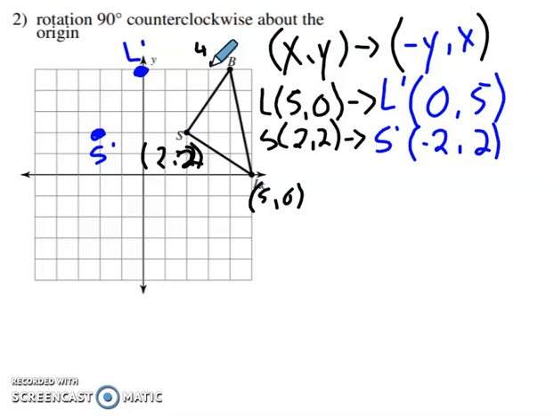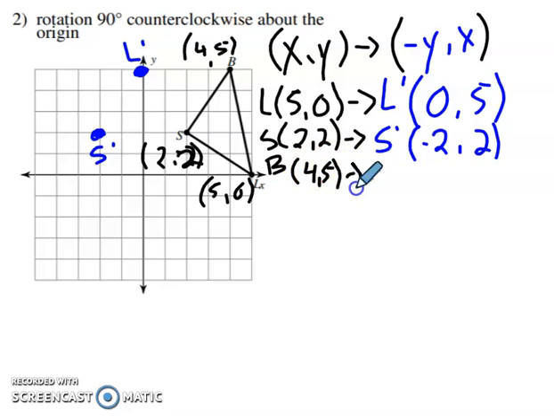Let's look at B. B is 4, comma 5. That's going to change into, again, we switch our X and Y. So we write 5, comma 4.